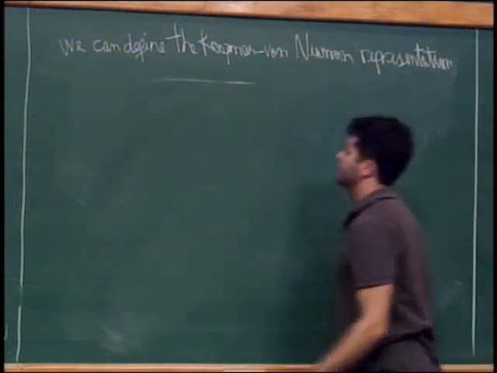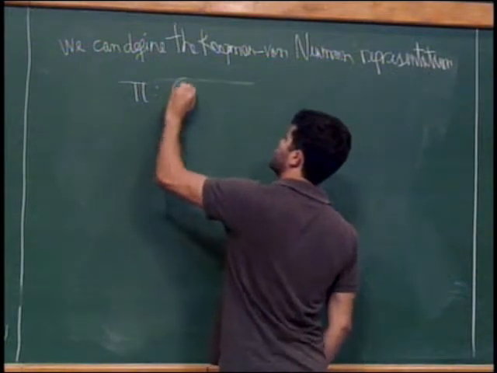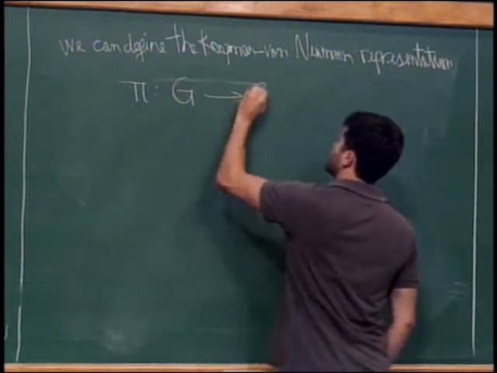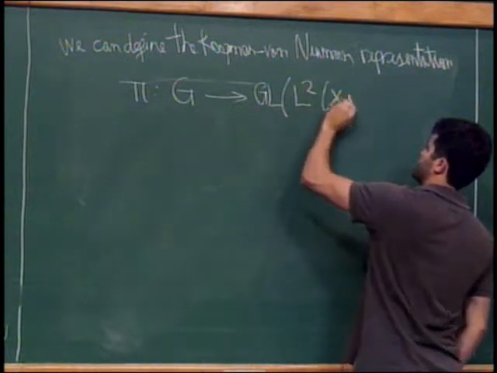And what is it? It's a representation pi that goes from G to GL of L2(X, mu).